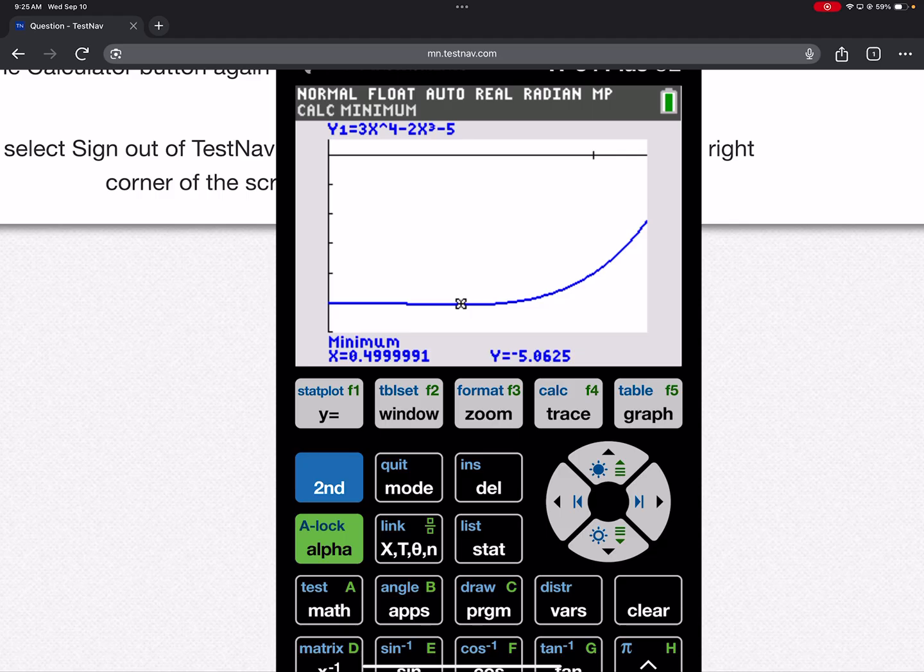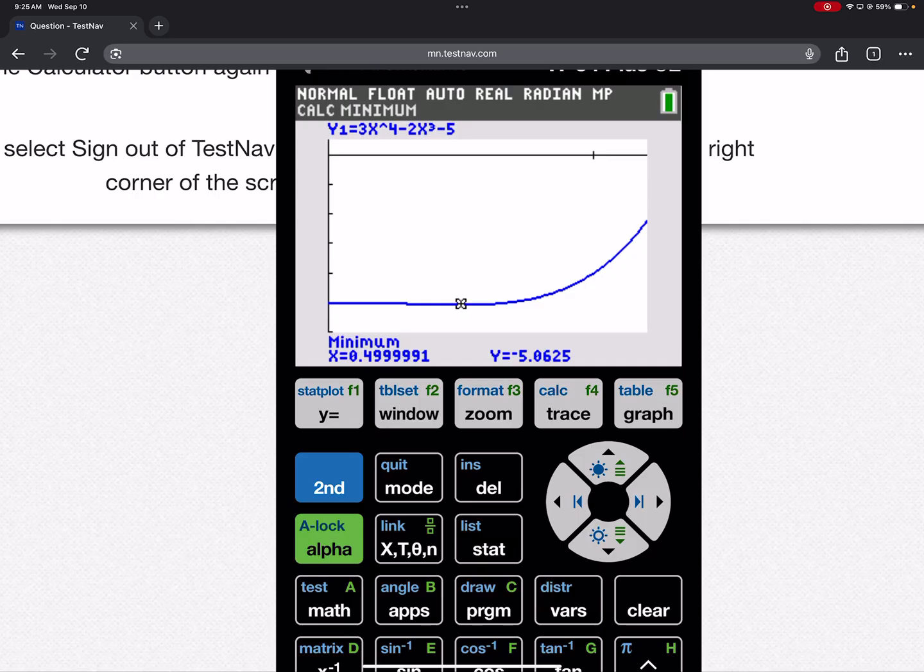Got it? Or no? So hit enter. Scroll to the right past where it looks like it's lowest, and hit enter again. Hit enter again. There you go. You did it? Did you scroll?